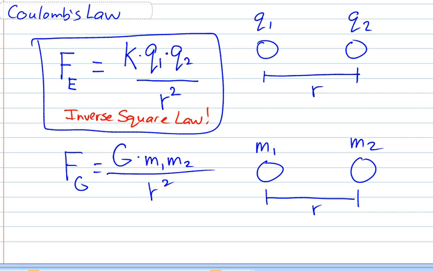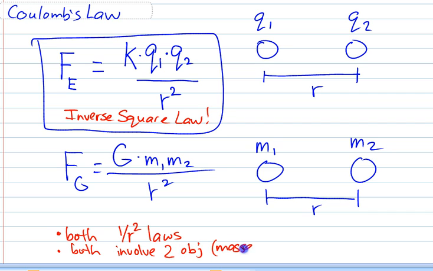Okay, so some similarities with gravity. Well, first of all, they're both 1 over r squared laws, and they both involve two objects. So whether we're talking about masses or charges, there's two of them.